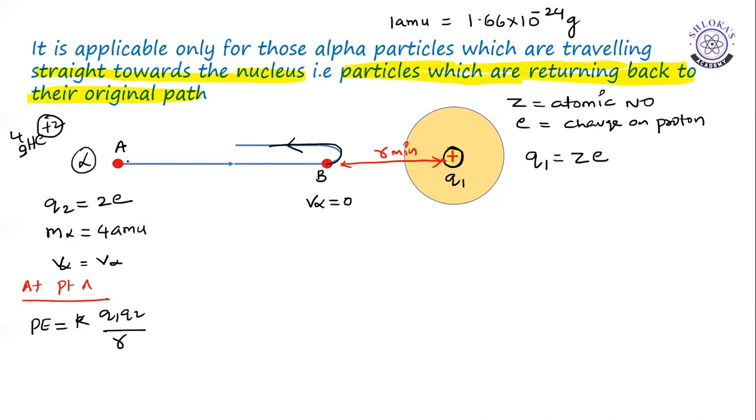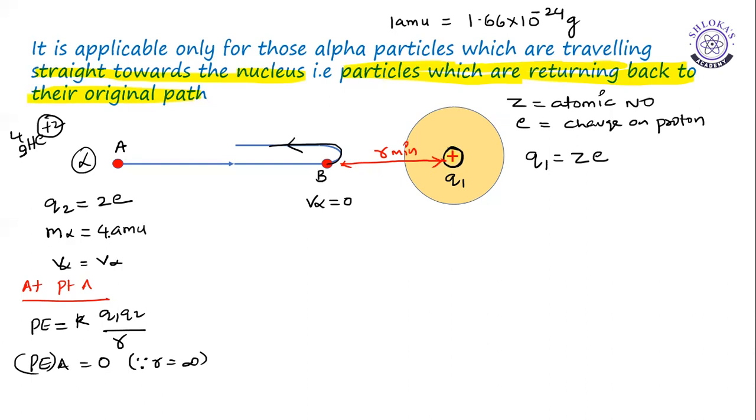Infinity. So at point A, the potential energy will be 0, because R is equal to infinity. Something divided by infinity is always 0.